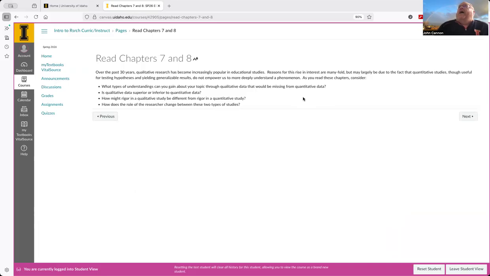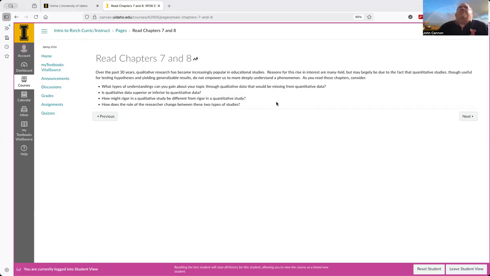Reasons for this rise in interest are manifold, but may largely be due to the fact that quantitative studies, though useful for testing hypotheses and yielding generalizable results, do not empower us to more deeply understand a phenomenon. As you read these chapters, consider what types of understandings can you gain about your topic through qualitative data that would be missing from quantitative data?